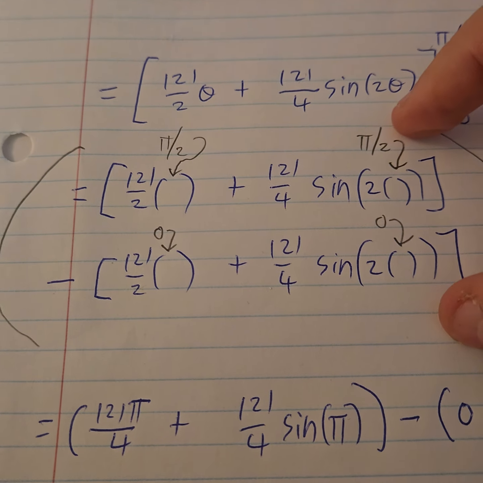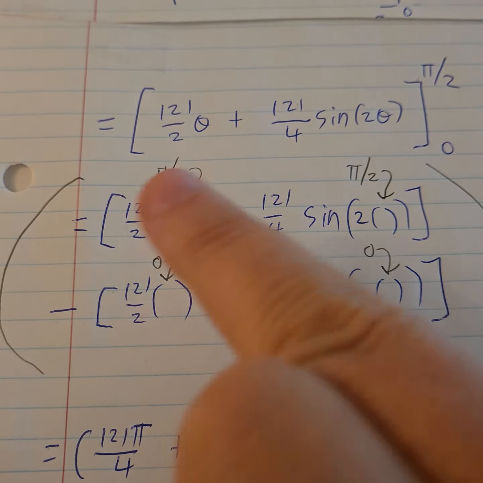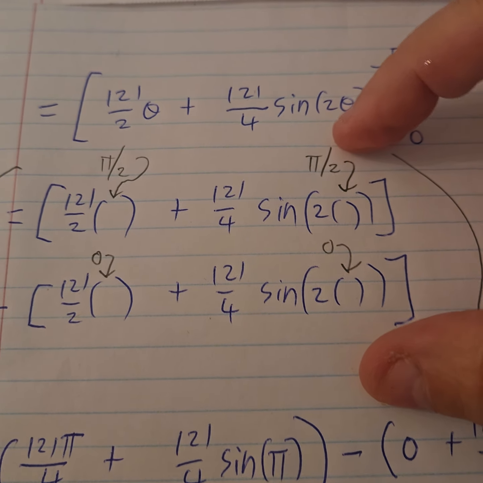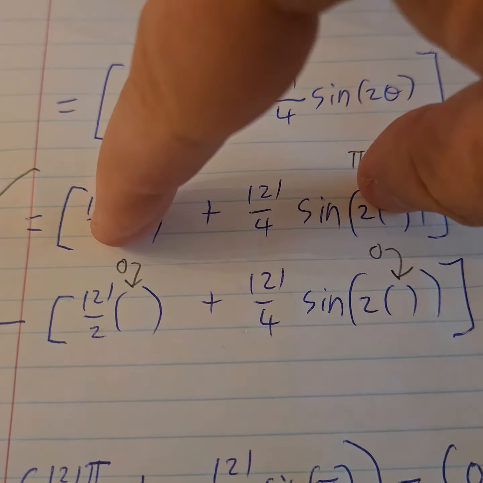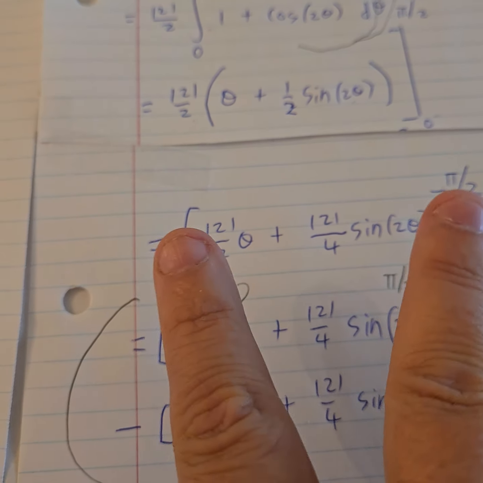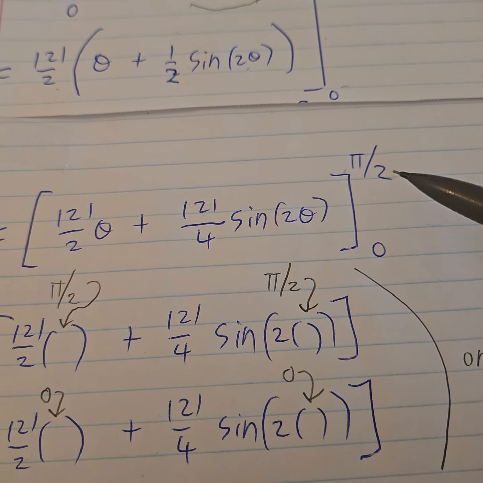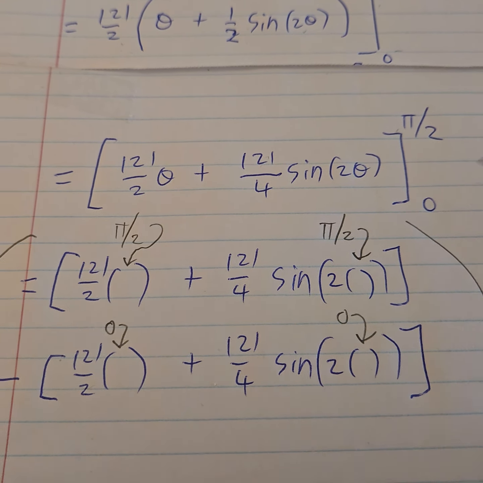I wrote it over 2 lines so it'll fit nicely in the camera. In essence, this is one line: it's this equation, subtract that equation, and they're both the exact same equation as this one, except one substituting pi over 2 and one substituting 0.